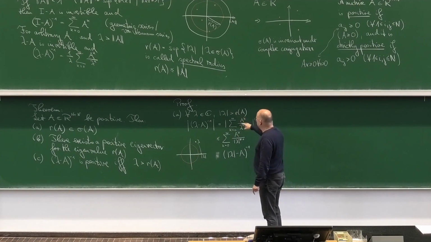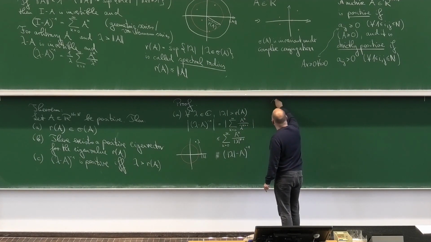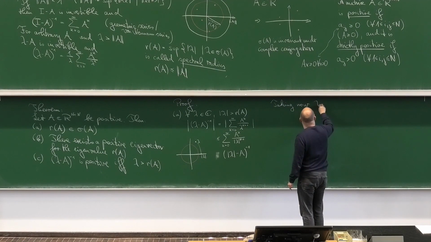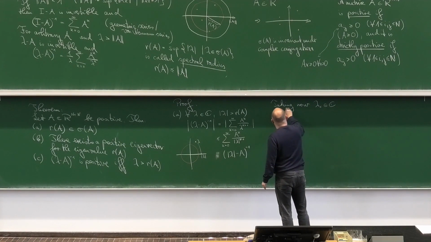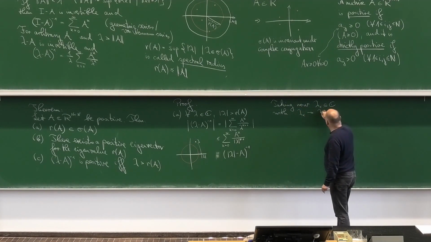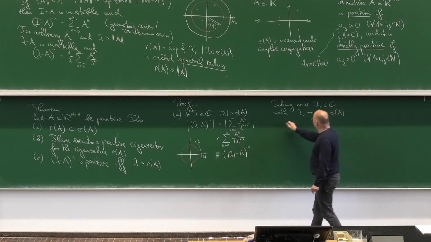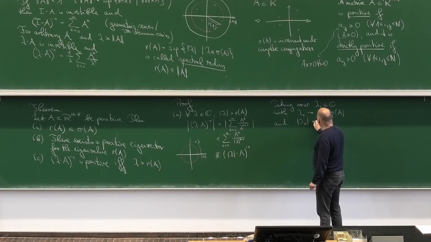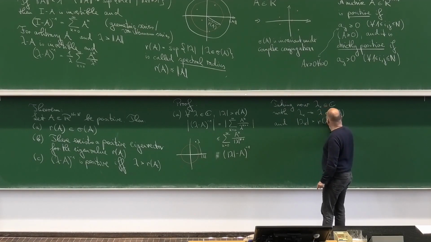But now we can take lambda k in C with lambda k converging to a lambda in the spectrum, and the absolute value is greater than the spectral radius.